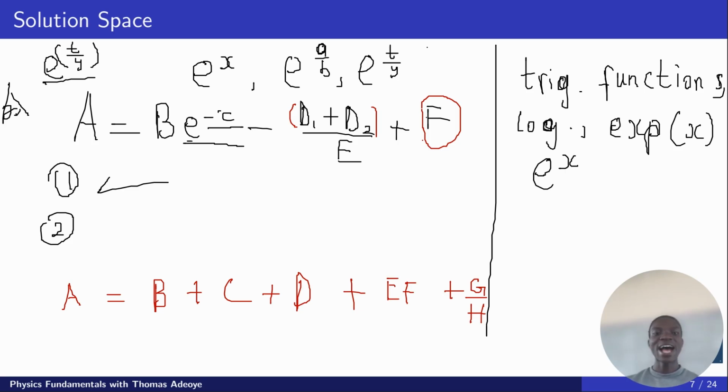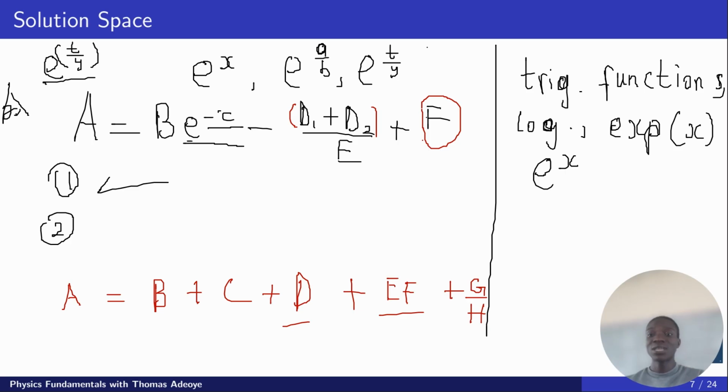Before you can add any two terms together, they must have the same dimension. So D and EF have the same dimension. But D and E don't have the same dimension, unless F is just a number, maybe like 2.